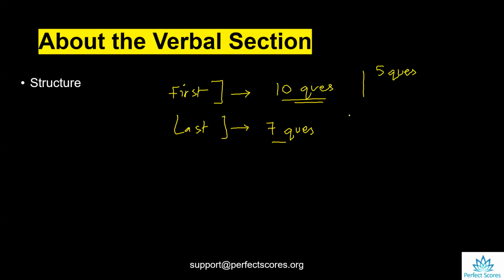So just like the first few questions, you may not get the 7 last questions correct every time you take a practice test, but you slowly have to build up your accuracy. Start with getting at least the last 4 questions correct, and eventually build up your accuracy in a way that you will be getting the last 7 questions correct. So these are the two very important parts of the verbal section: getting the first 10 questions correct and getting the last 7 questions correct.